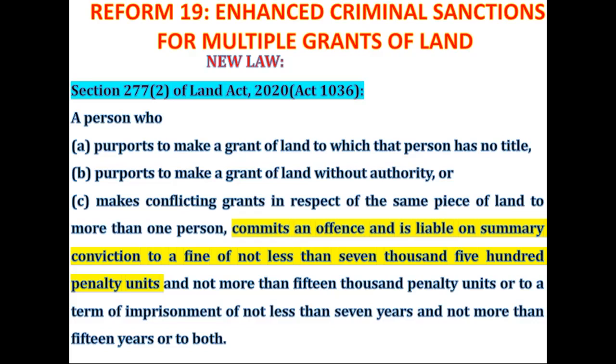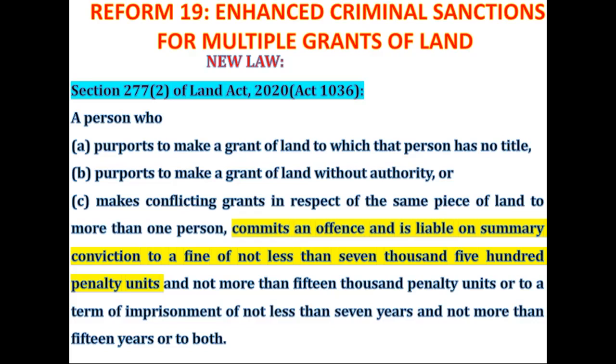So now, if you make conflicting grants, your fine is not less than 7,500 penalty units. So 7,500 times 12, 90,000 Ghana cedis. That will be your fine. Or you are talking about a term of imprisonment of not less than 7 years.